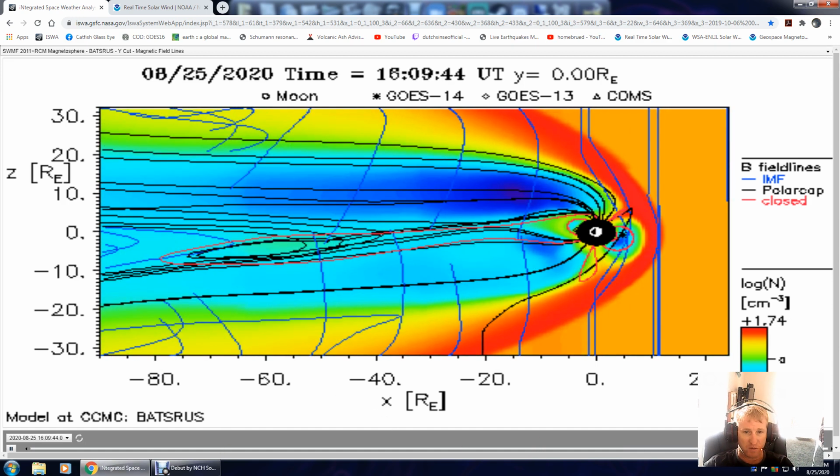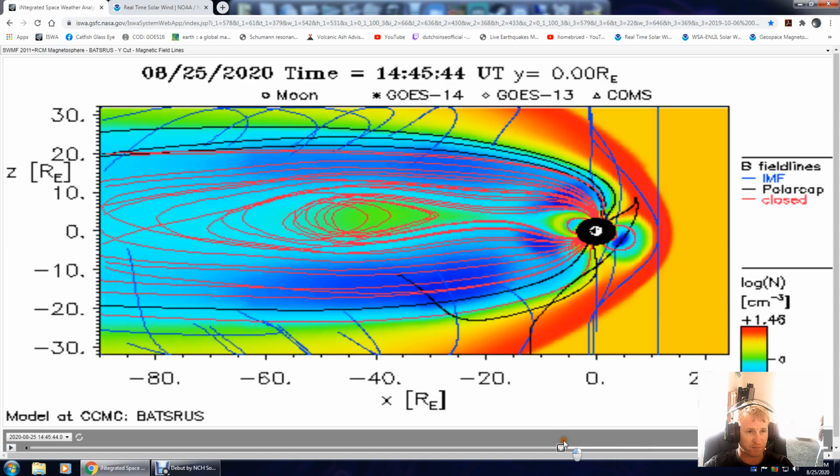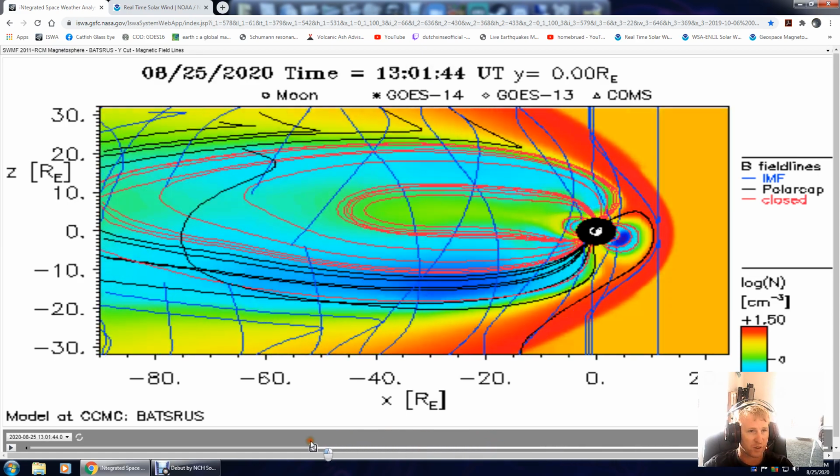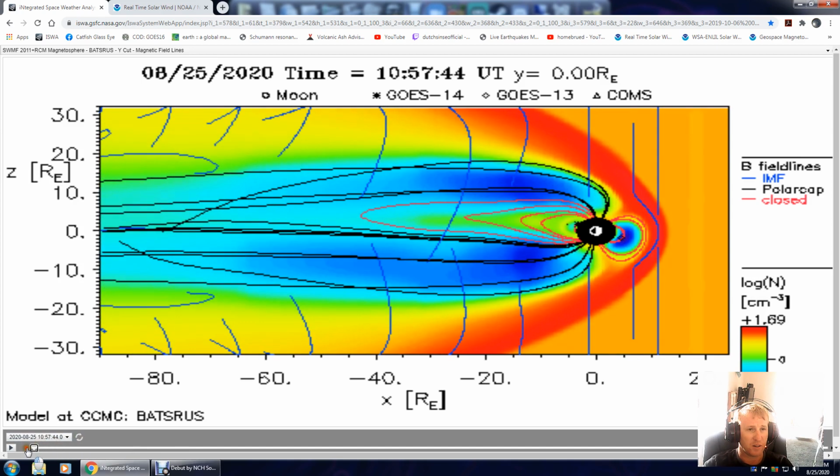Now, let's just go over quickly what should not be here. Starting out, this is a blue IMF. This should not be here, because blue IMF means it's not connected to Earth.